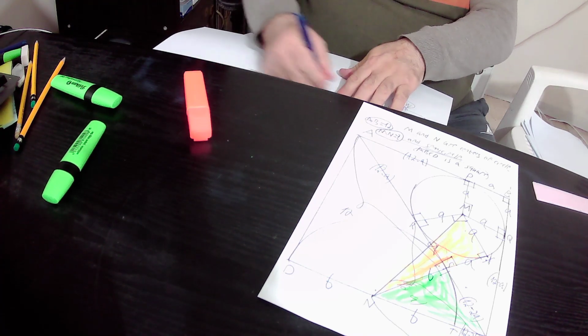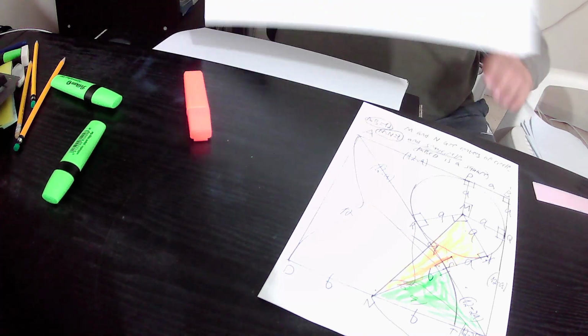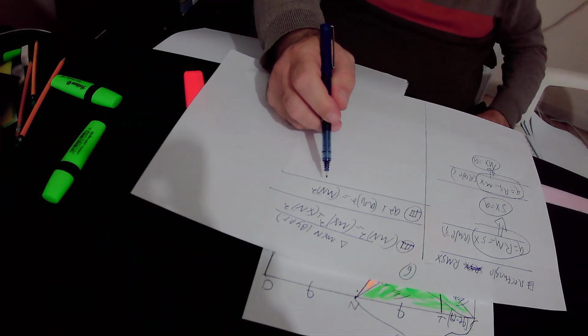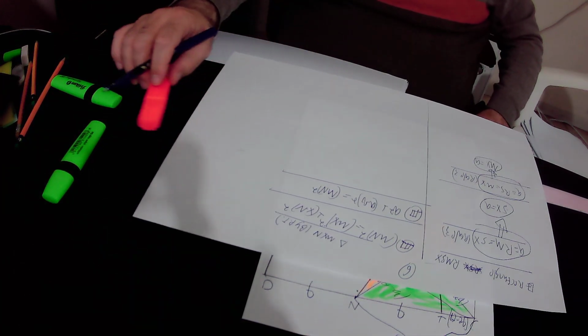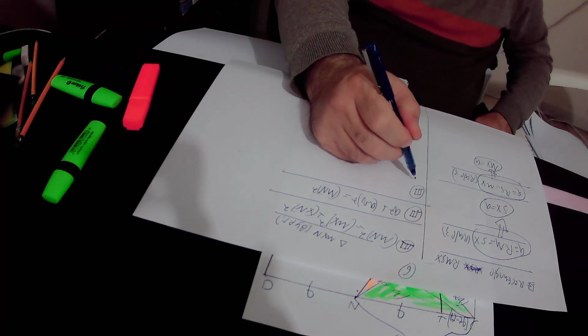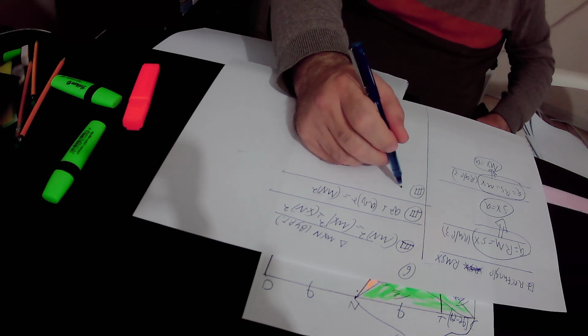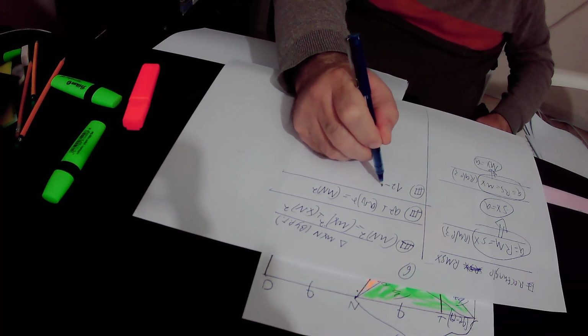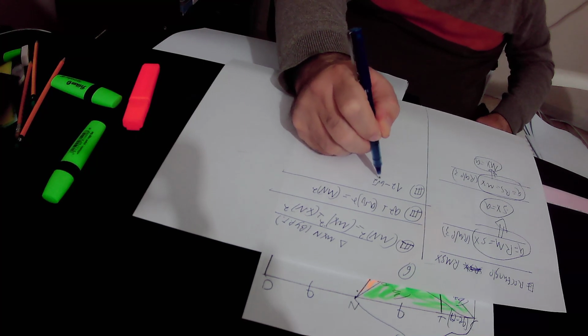So in conclusion, according to equation number 3 in Pythagoras theorem, we got that a squared plus (a plus b) squared must be equal to mn squared. We have already found out that a is equal to 12 minus 6 times square root of 2.